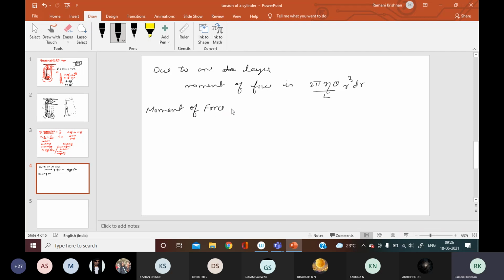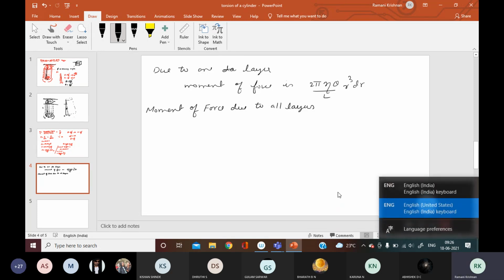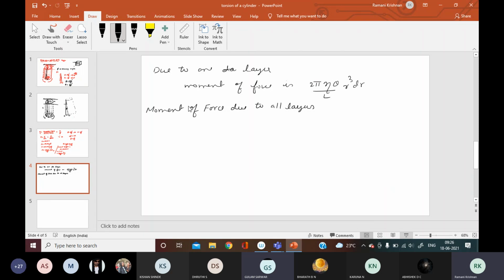Integrate from 0 to capital R. Very good, 0 to R. So 2 pi eta theta by L, r cube into dr, and the constant things I take outside: 2 pi eta theta by L, integral from 0 to R of r cube dr.